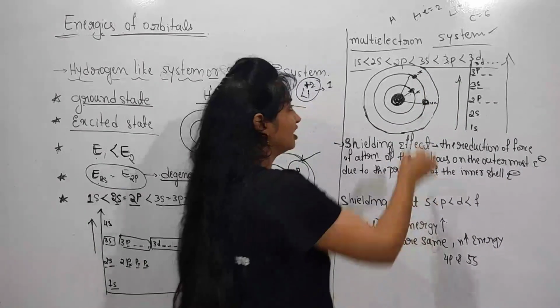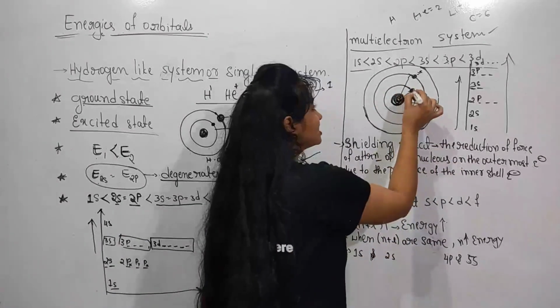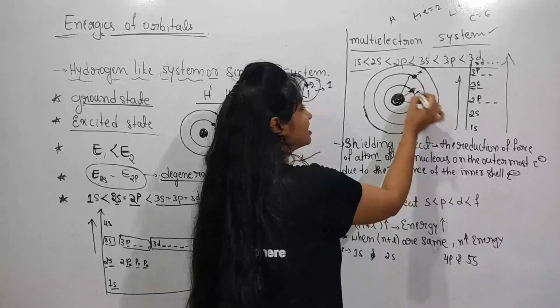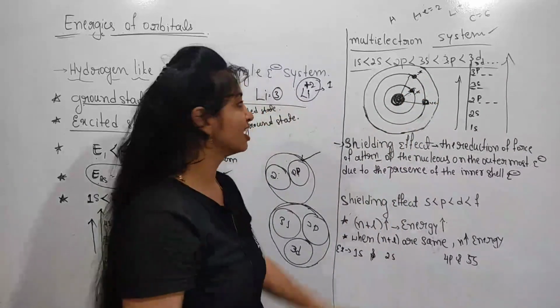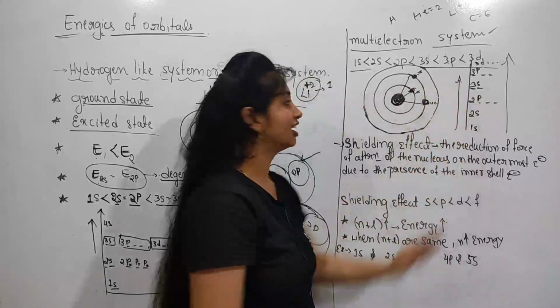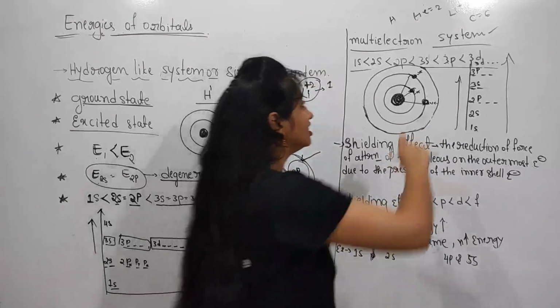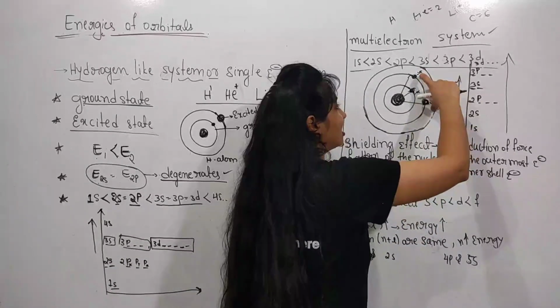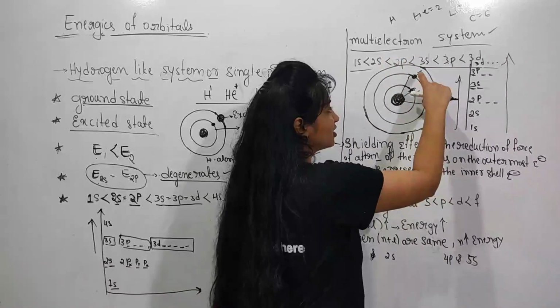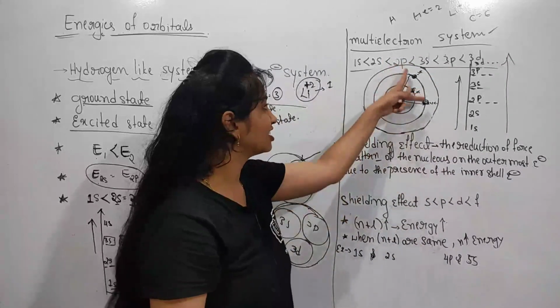Between similar charges, repulsion takes place. This electron is repelled, these two electrons are repelled. Then these two electrons feel the shielding effect.